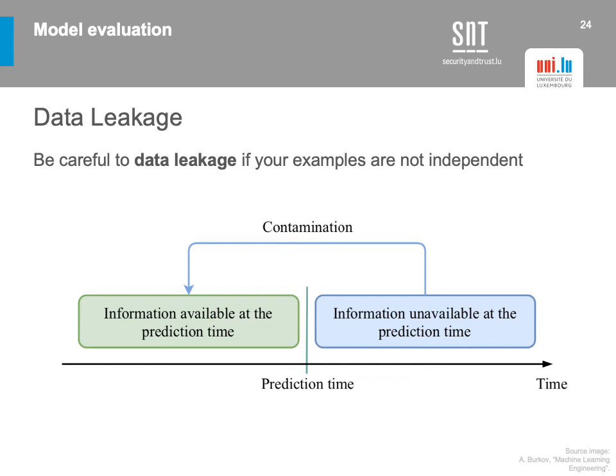For example, data leakage can happen if your examples are not independent. You have some examples that were gathered at different times, and maybe they influence each other. This can be the case, for example, in malware detection, where you want to predict whether a piece of software is a malware or not. Generally, malware developers use frameworks and techniques that are similar to each other.